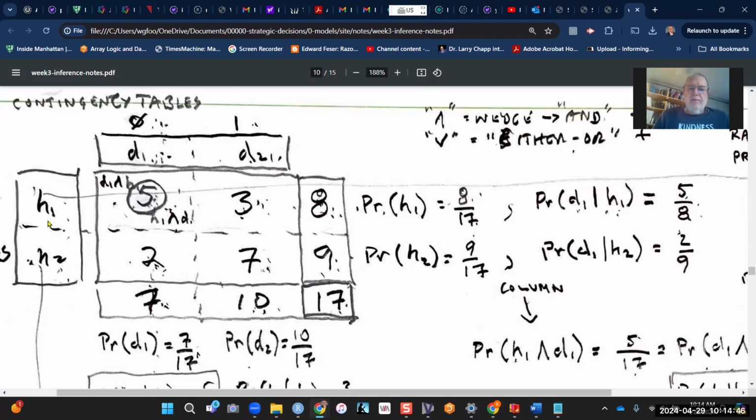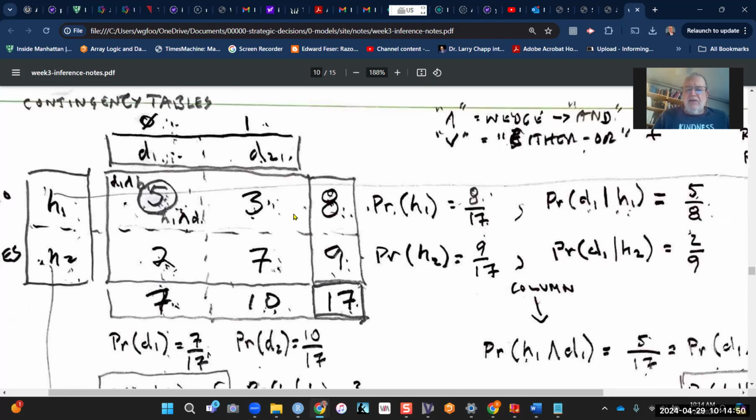We will see H1, no predation, 8/17 times the probability of H2, 9/17. Since this is the entire event space, if you will, the entire universe, the entire set of the ways that we are saying it's yes or no, it's exhaustive, mutually exclusive, wonderful.